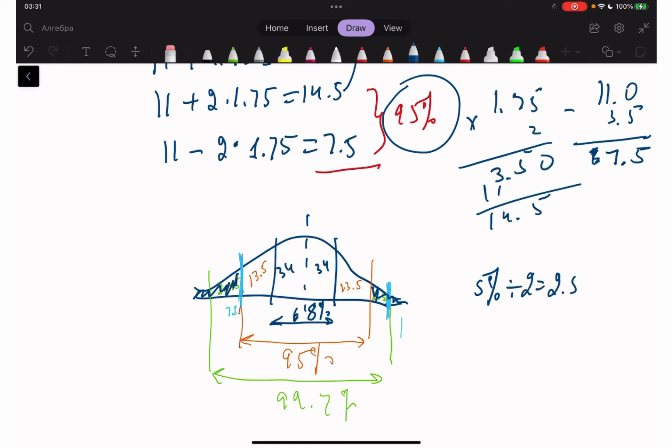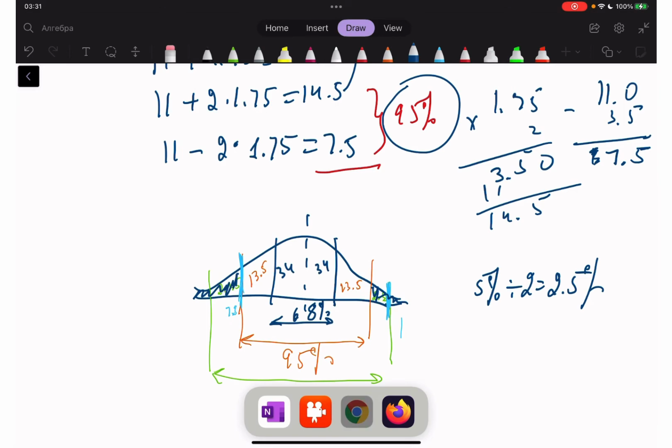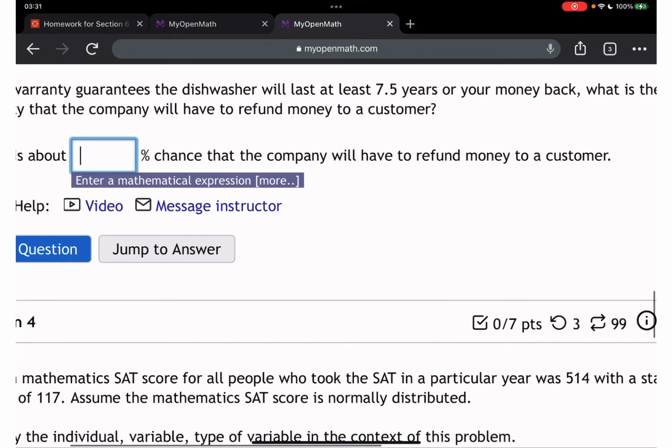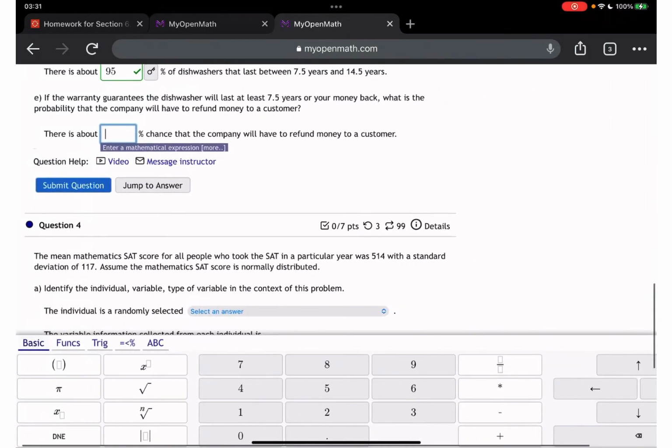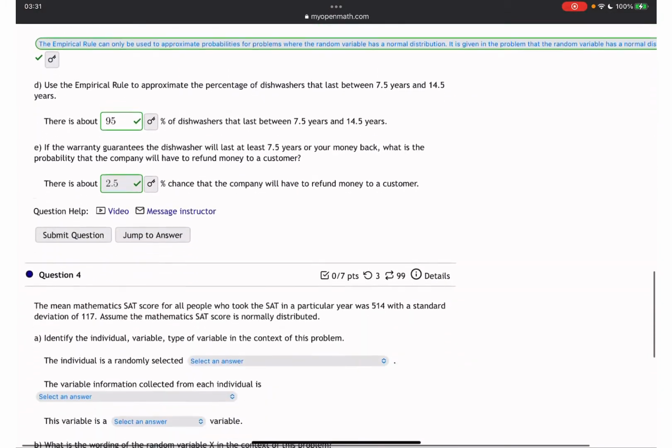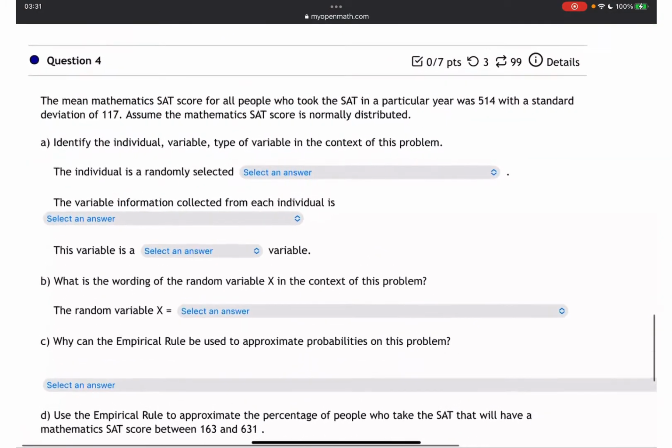We get 2.5%. And that's going to be our answer. Bingo. Okay, we got it.